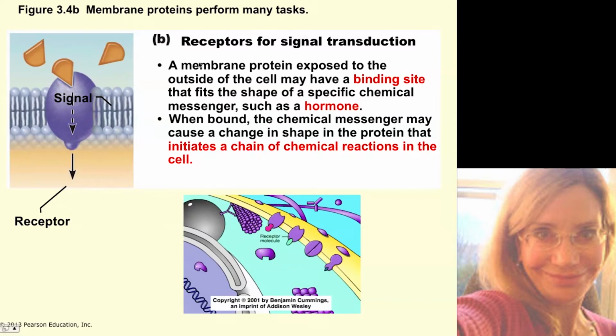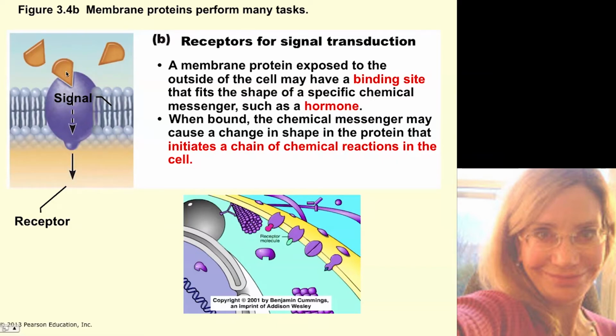Other proteins are receptors for signal transduction. So what's signal transduction? This is when a membrane protein that's exposed to the outside of the cell has a binding site that fits the shape of a specific chemical messenger, such as a hormone.